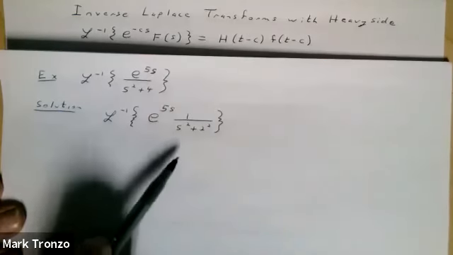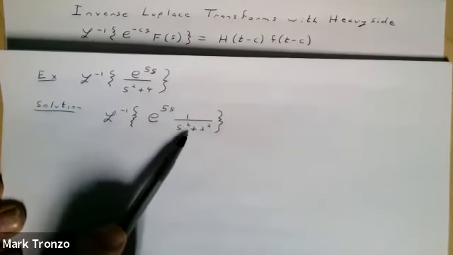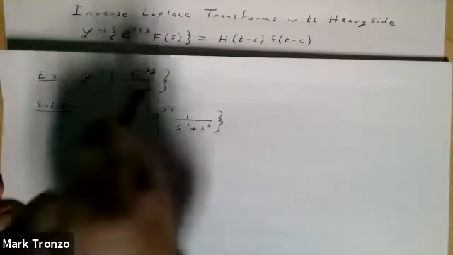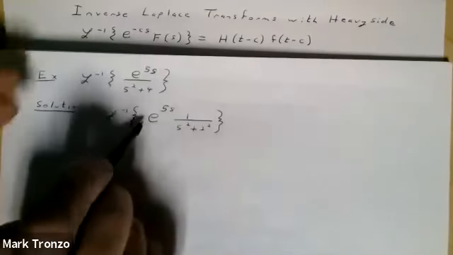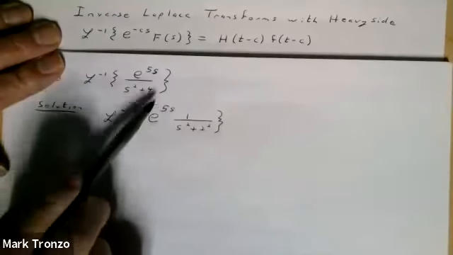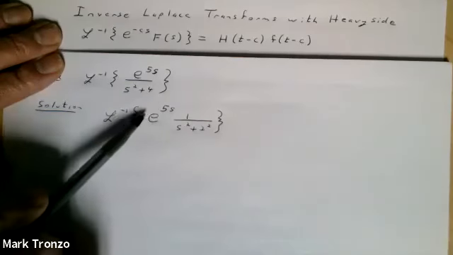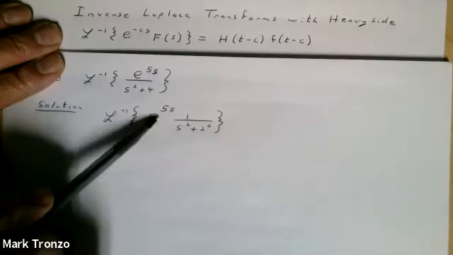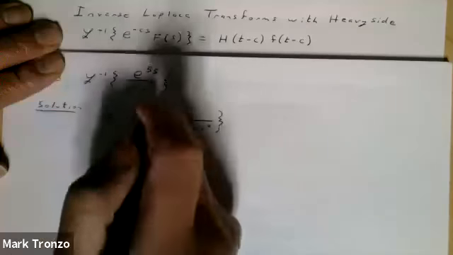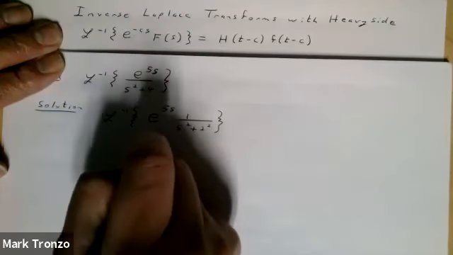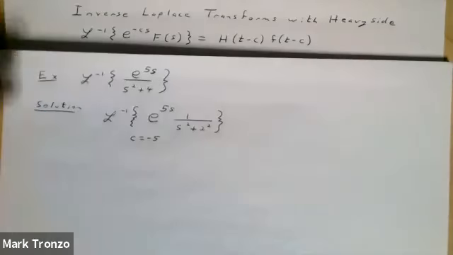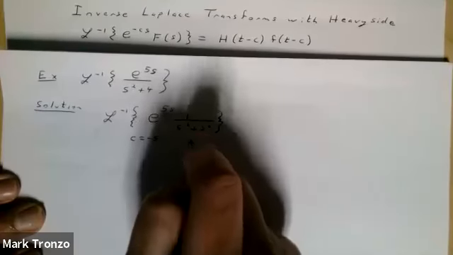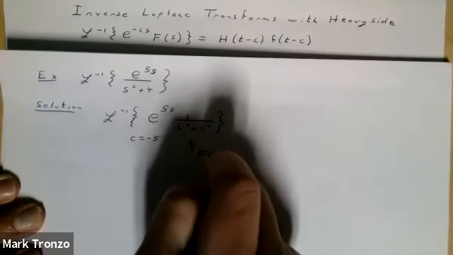I remember the Laplace transform, we have one that sort of looks like this. So once again, identify your c. You can see from our theorem here, we want this up here to be minus cs. So if we use this, then c has to be equal to minus 5. Then this is our capital F of s here.